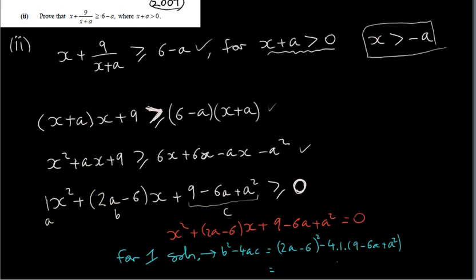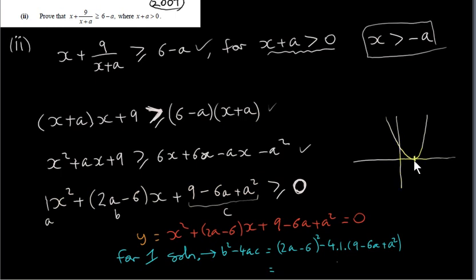That means that if we were to draw the graph of y equals this quadratic here, we would see that it's above the x-axis but touches the x-axis at just one point. And that point would be the solution.